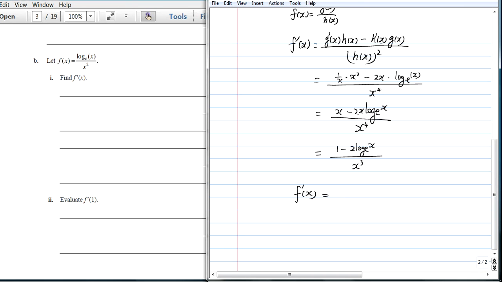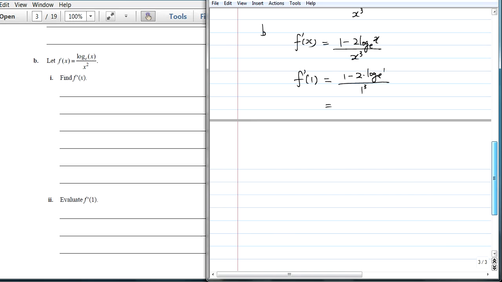Since the derivative of f(x) is equal to 1 minus 2 log x to the base e, over x cubed, to find the derivative when x is equal to 1 we substitute x equals 1. So it's equal to 1 minus 2 times log 1 to the base e, over 1 to the power of 3.